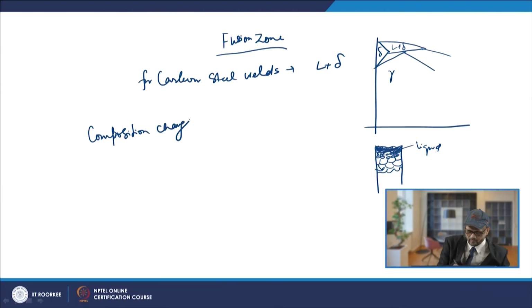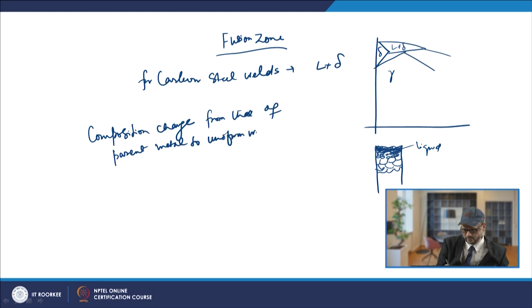So you have weld deposit on one side and parent metal on the other side, and the composition changes from this to that.